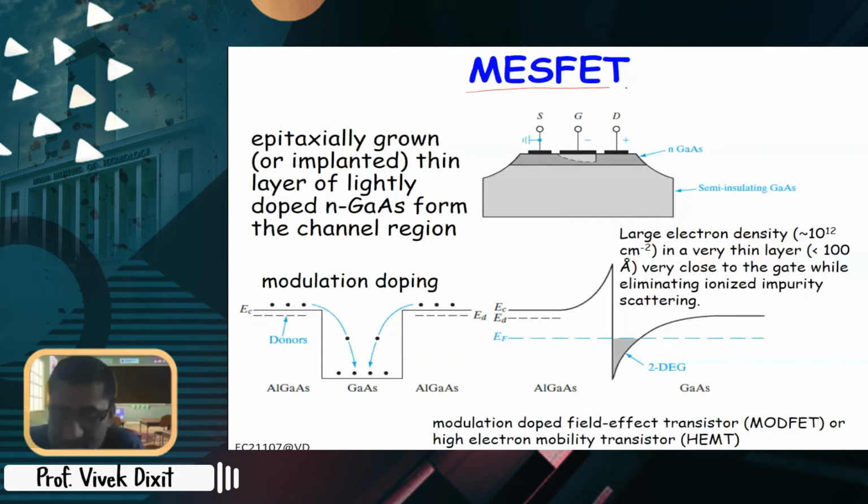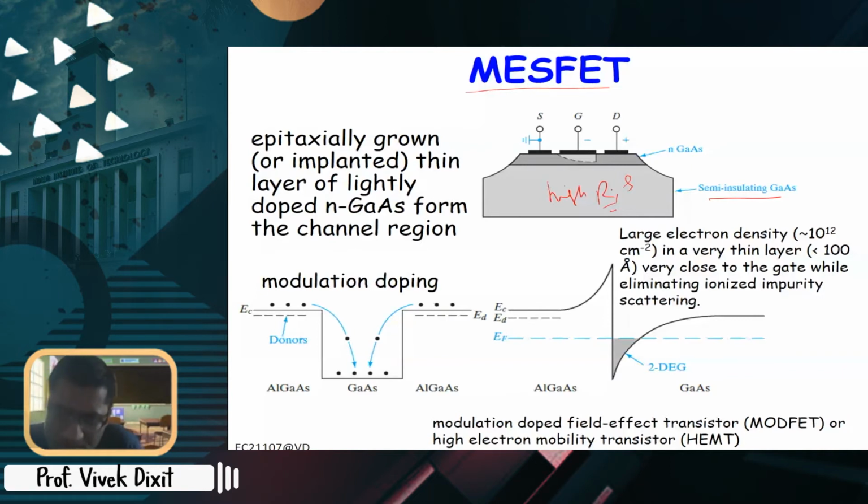So here metal is directly connected to the semiconductor. So what is done here? A high resistivity wafer is taken, right? Substrate is taken. We also call it semi-insulating wafer.